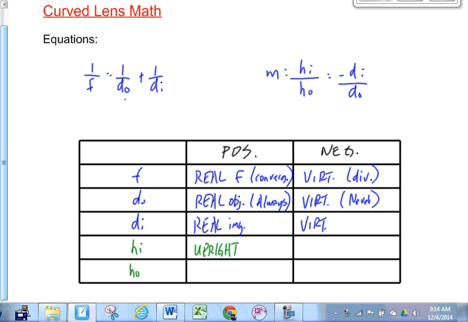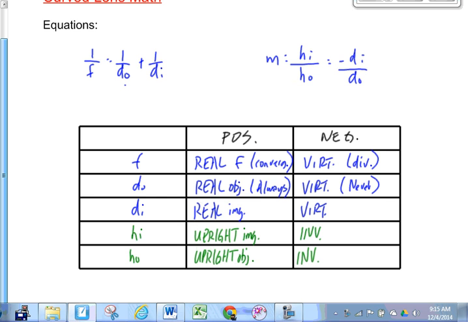HI is positive when it's an upright image, and HO is positive when it's an upright object. And of course, they're both negative when they're inverted. You've got to look at the situation. Look at the ray diagram to determine whether it's going to be right side up or upside down, and then make your decision as to whether HI is positive or negative, and so on.